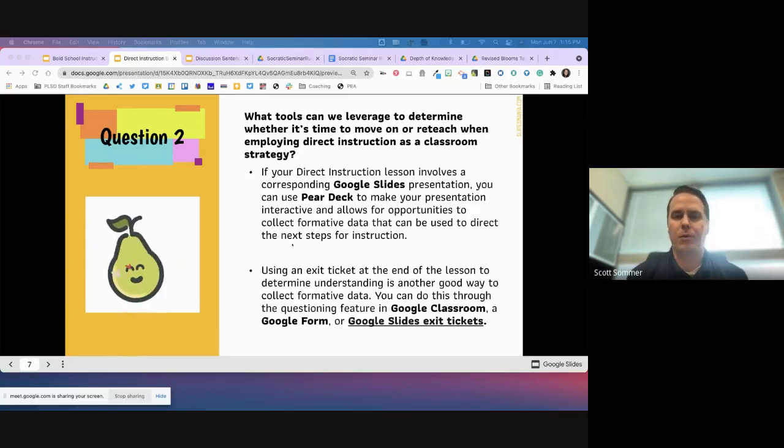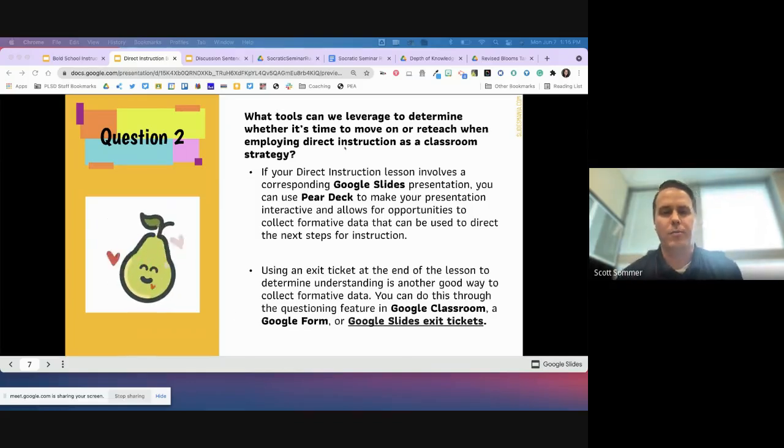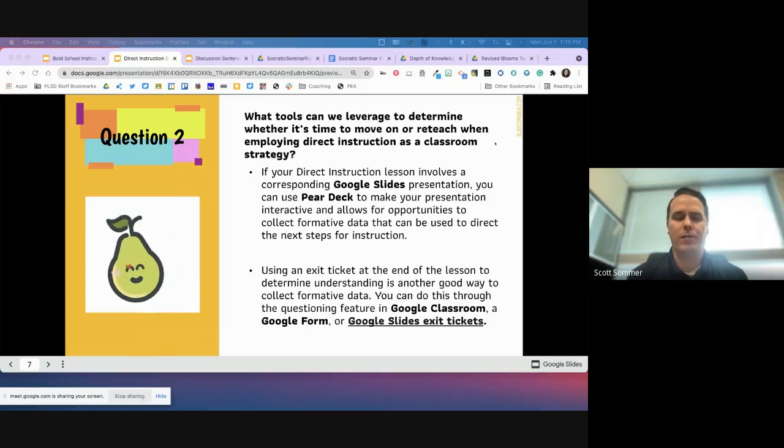So you have little checkpoints throughout your presentation where you can grab that knowledge and either reinforce things that aren't being understood as well, or make changes to your direct instruction on the fly, getting that formative feedback as you go.